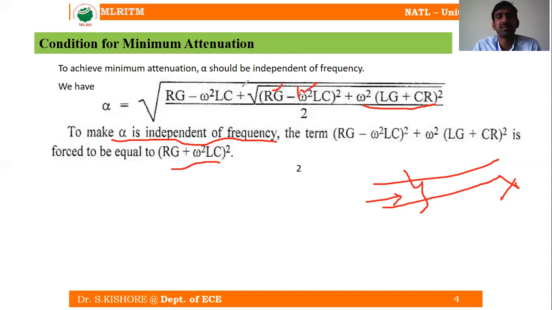Why whole square? Because here we have a root over. So we will forcibly make this expression equal to Rg plus omega square Lc whole square. Then only can we have the minimum attenuation condition, because then only the signal is going to be independent of the frequency.